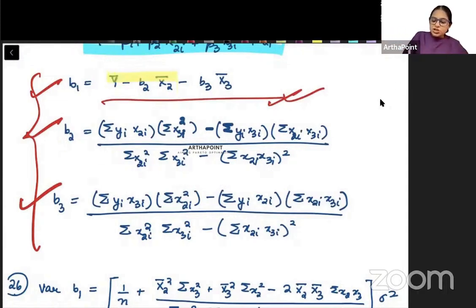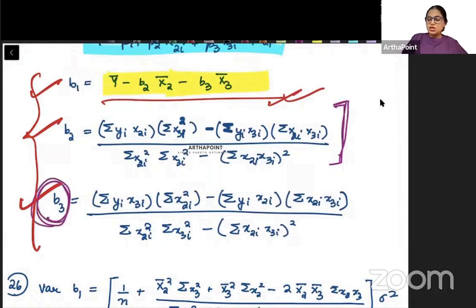When it was single regression it was only this much. Now just the B3 part will come in, minus B3 x3. If you remember the formula for B2, then for the formula of B3 you only have to replace x2 with x3 and x3 with x2. So you just have to remember the formula of B2 and that will help you revise the formula for B3.